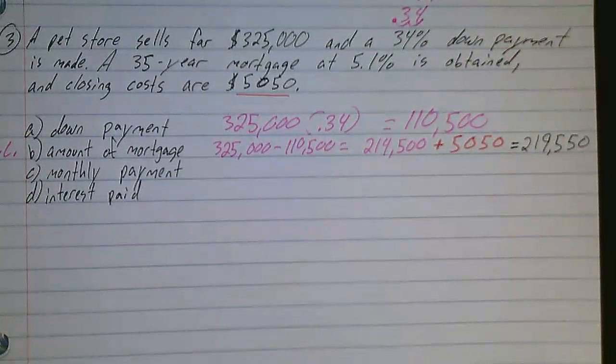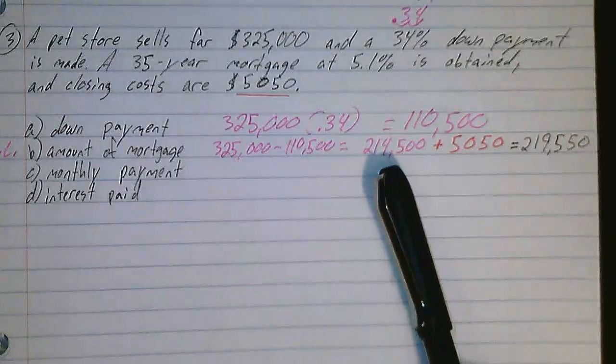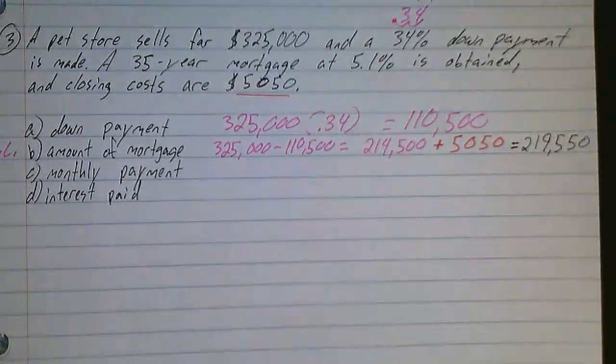So that's what you do with the closing costs. Add it to the amount that you need to take out the loan for.